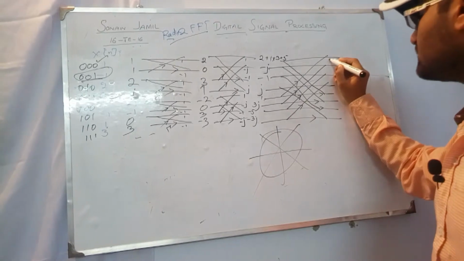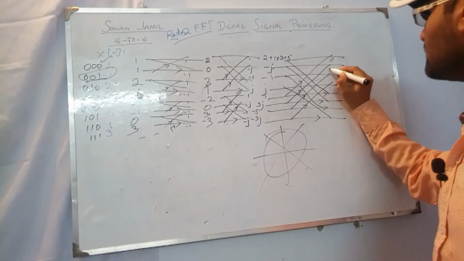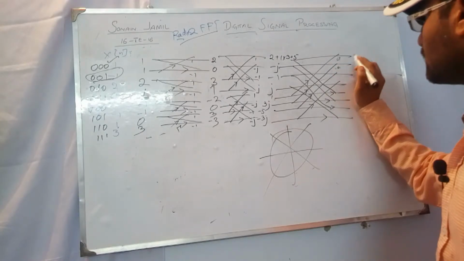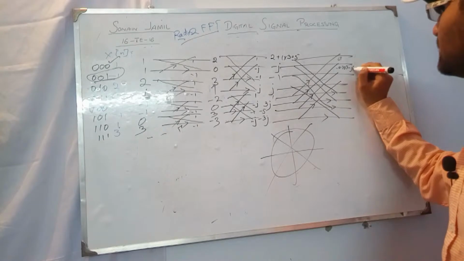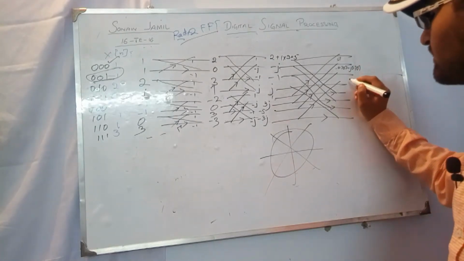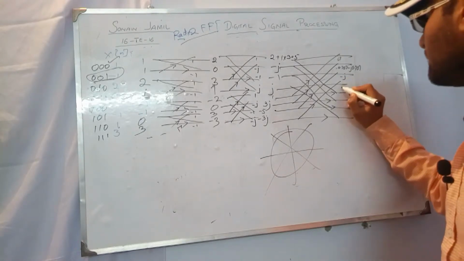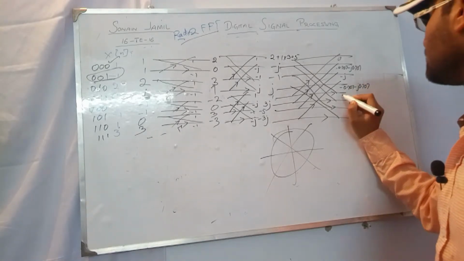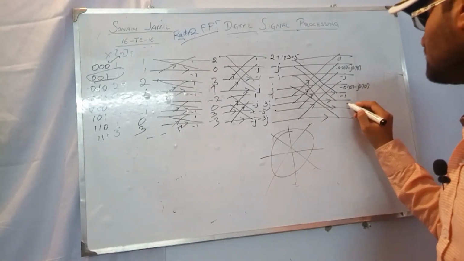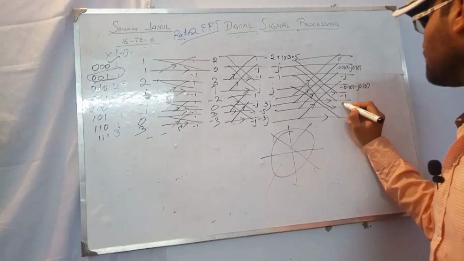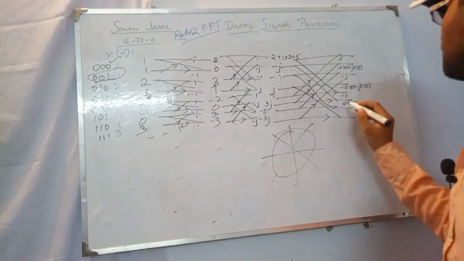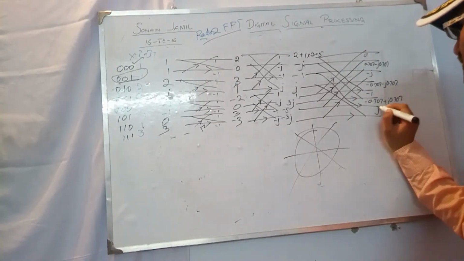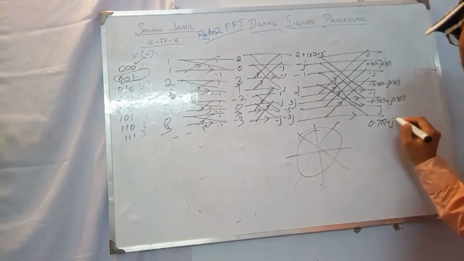First one, 1, that is 0.707 minus j0.707, and then minus j, minus 0.707 minus j0.707, then minus 1, then it comes out to be 0.707 plus j0.707 and 0.707 plus j0.707.